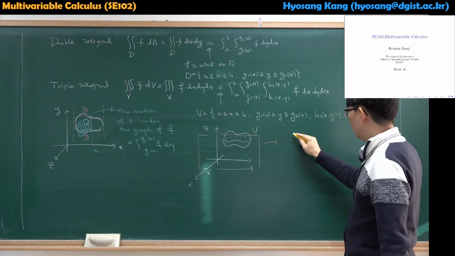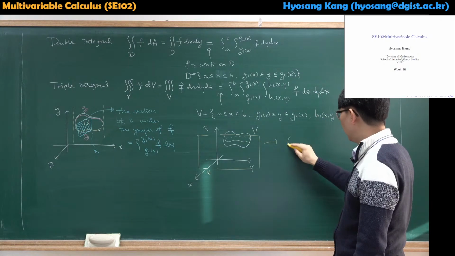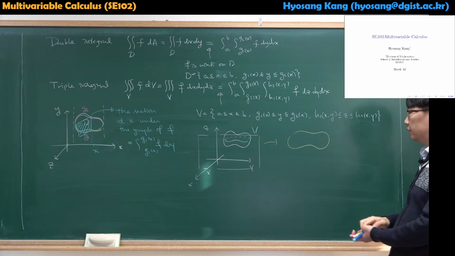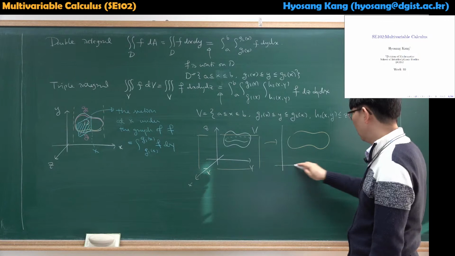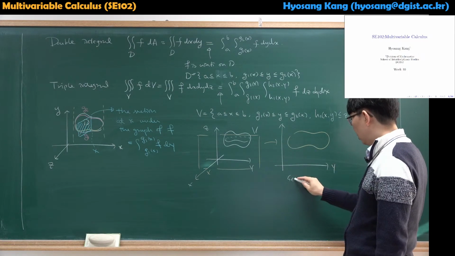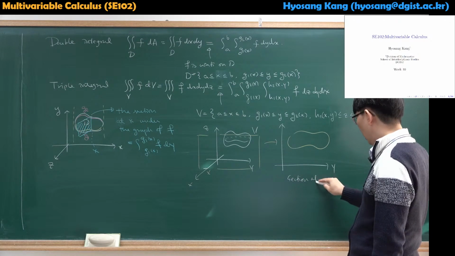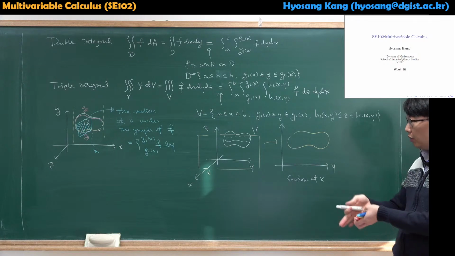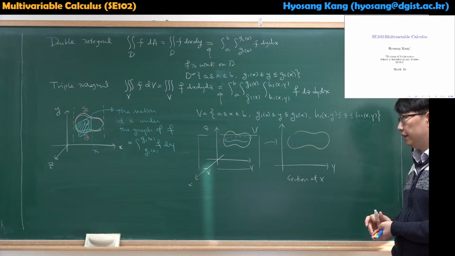So when I take the section at x, like this section, the section of V will look like this kind of figure inside of a plane which is parallel to the YZ plane.